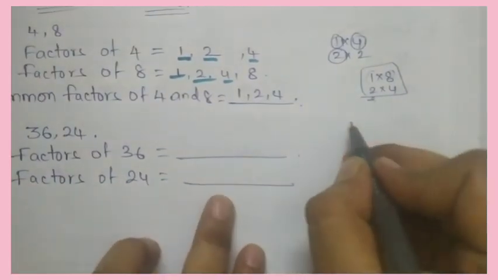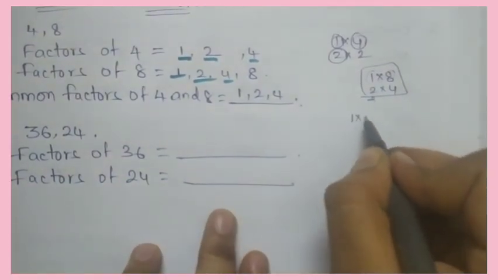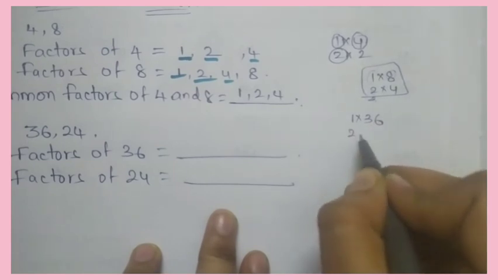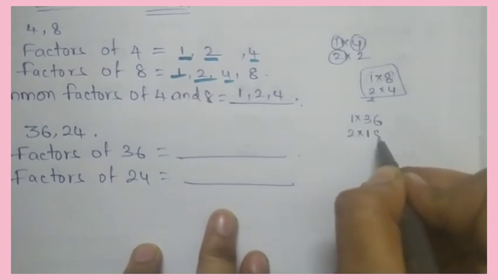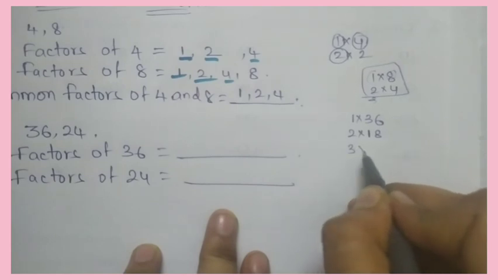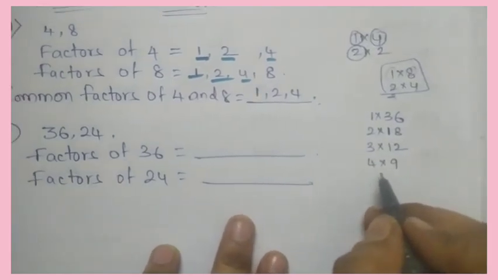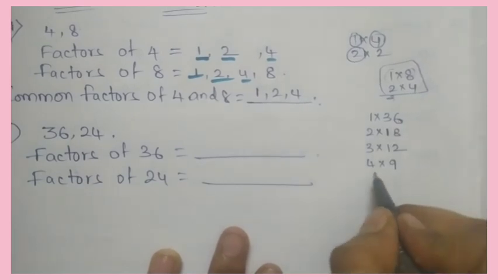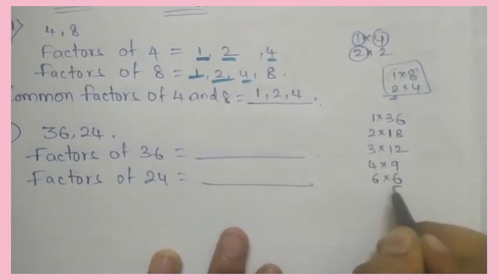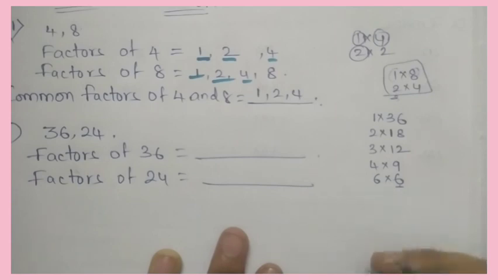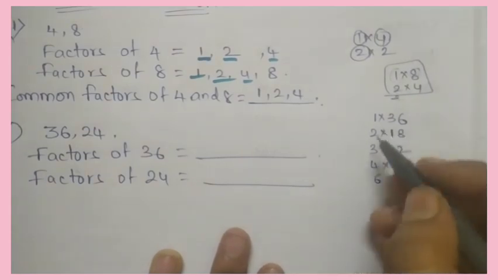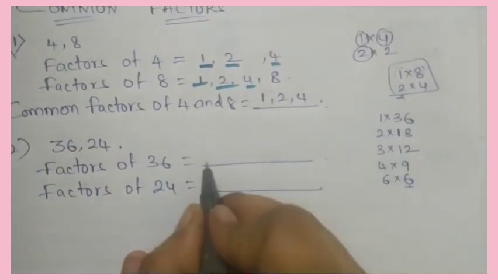Look here, 36. 1 thirty-six is 36. 2 eighteens are 36. 3 twelves are 36. 4 nines are 36. In the 5 table we will not get 36. 6 sixes are 36. Here we got 6. We will not do next. These are the factors of 36.